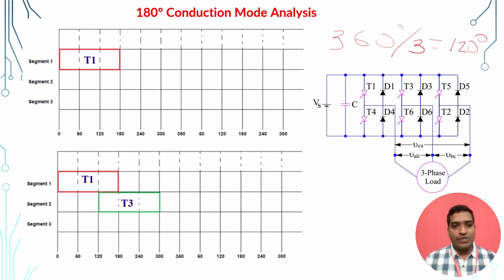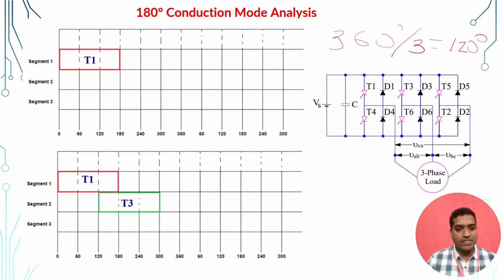That means the first thyristor starts conducting from 0 to 180 degrees. In the same positive group, the next device is T3. It starts conducting from 120 degrees, and conducts for 180 degrees, so 120 plus 180 gives 300 degrees. So T3 will be on from 120 degrees to 300 degrees, and T1 is on from 0 to 180 degrees. Similarly, the third switch in this group is T5.